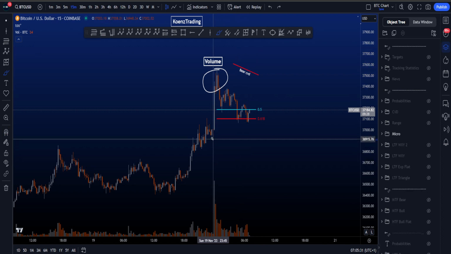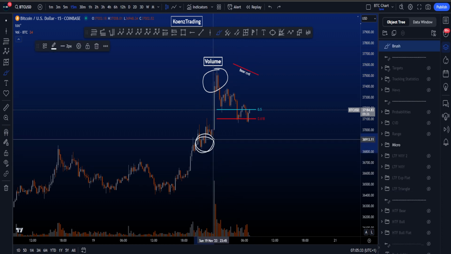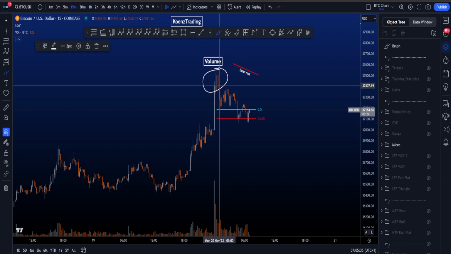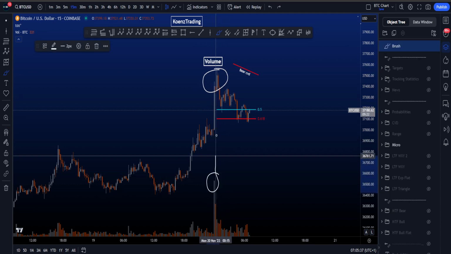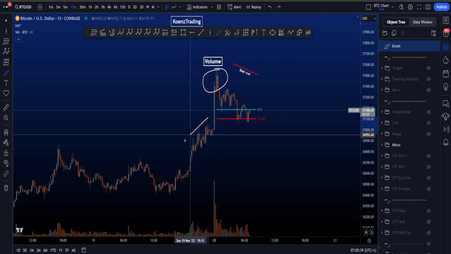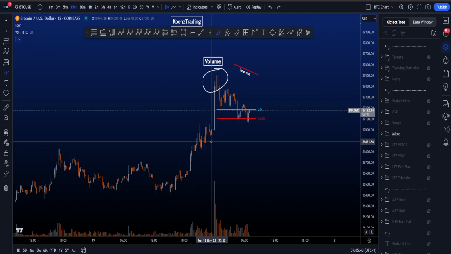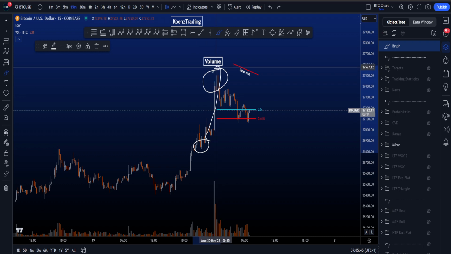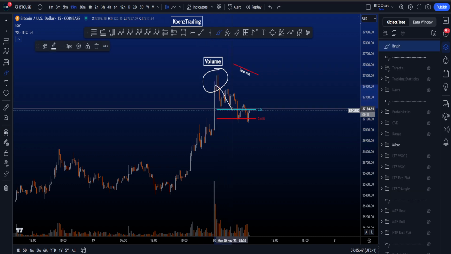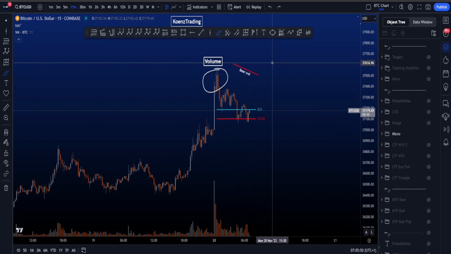Now, if we take fibs from this range over here before the pump to the high of the pump, meaning if this is indeed a wave 3 to the upside, then any range before has to be more of a wave 2 range, right? So we should be able to take fibs from these lows to the highs to then look for a 4 and a continuation to a 5.